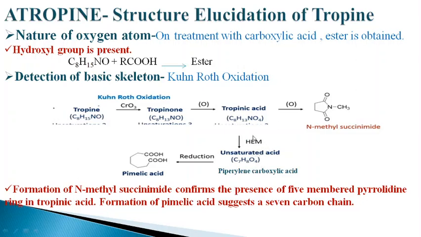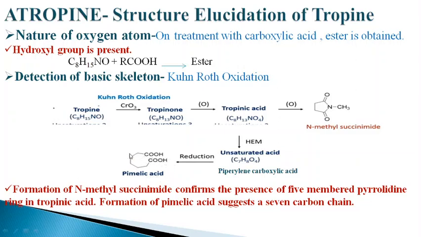Hofmann's exhaustive methylation has expelled the nitrogen atom from the tropinic acid, yielding the unsaturated acid, piperidine carboxylic acid. On further reduction, this forms pimelic acid.